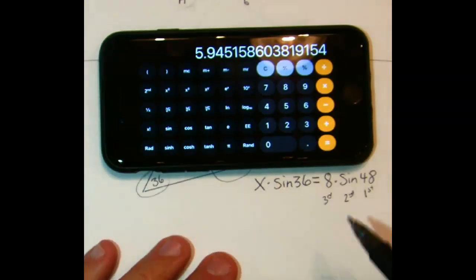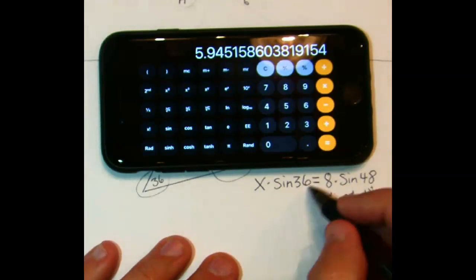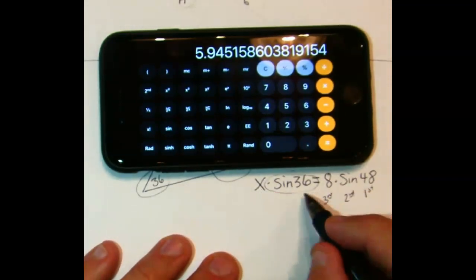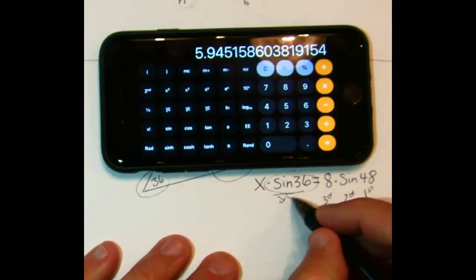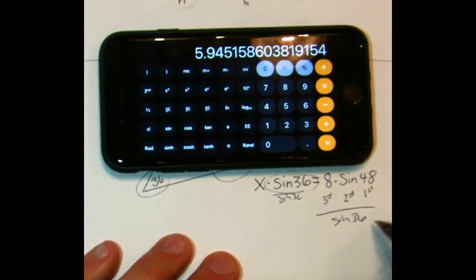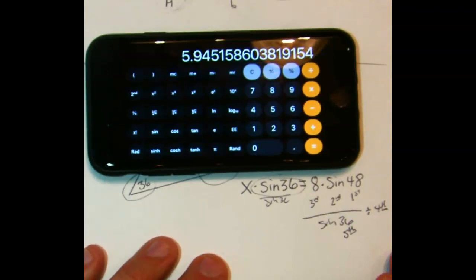Since this is on the other side and we need to solve for x, we need to divide by sine 36. So this would be divide, fourth, and then fifth you'd put in 36, and then sixth you would put in sine.